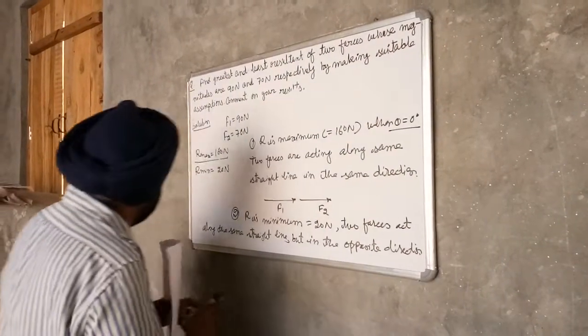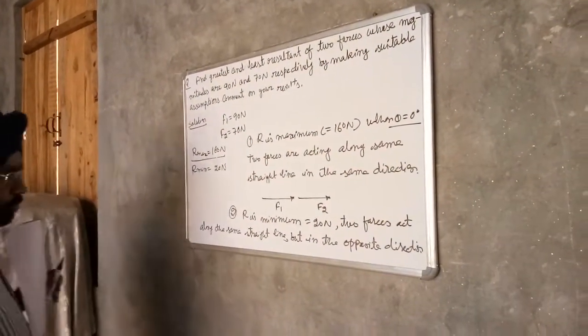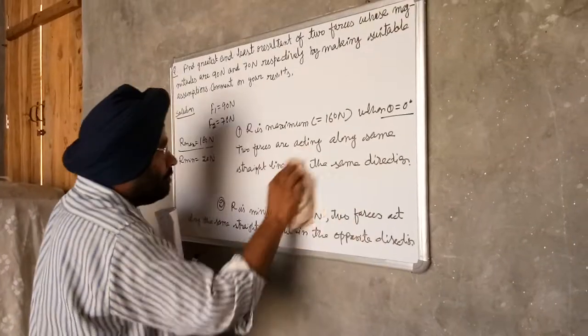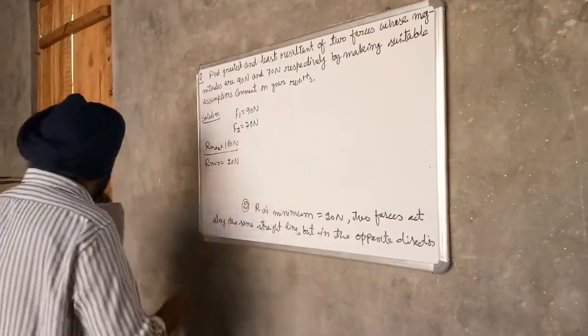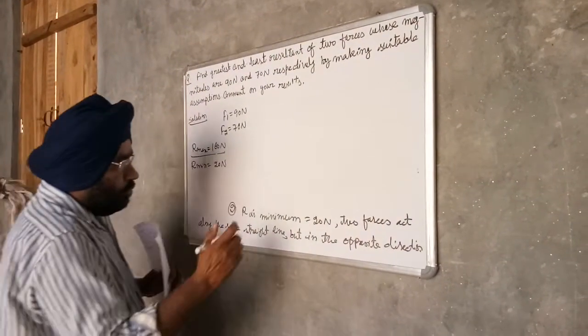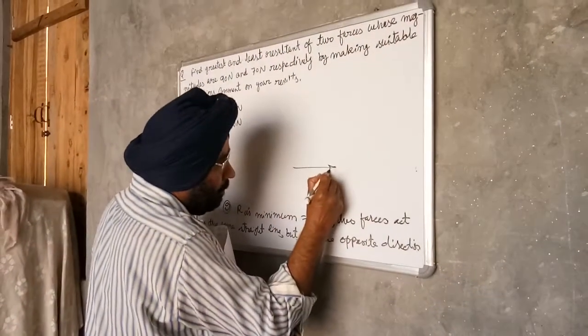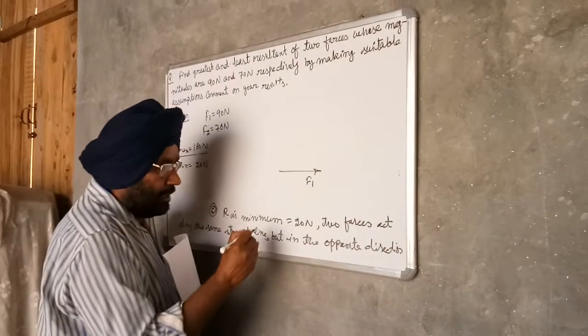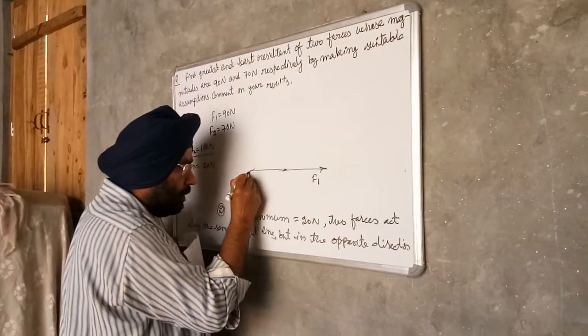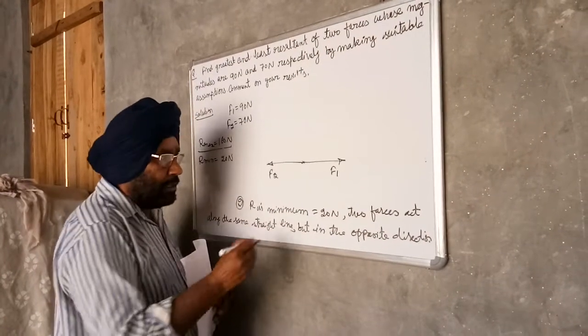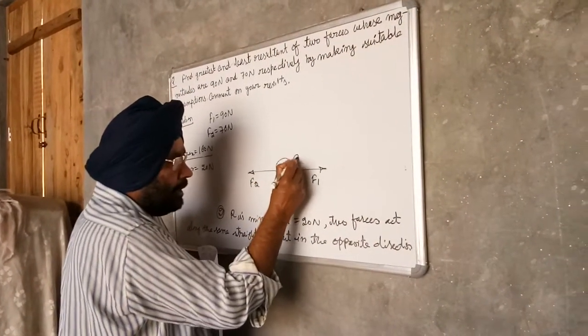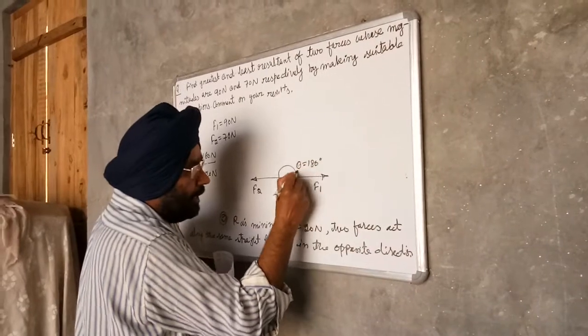So the second case is like this: the two forces act along the same straight line. This is the force F1 and the second force is F2. The second force acts along the same straight line but in the opposite direction, that is, angle theta is equal to 180 degree.